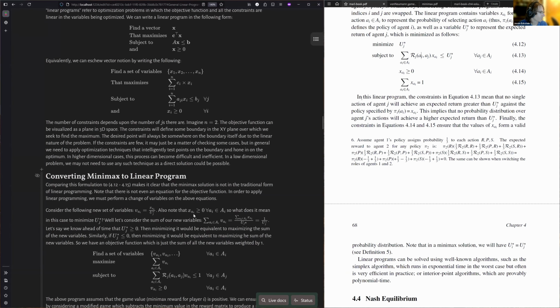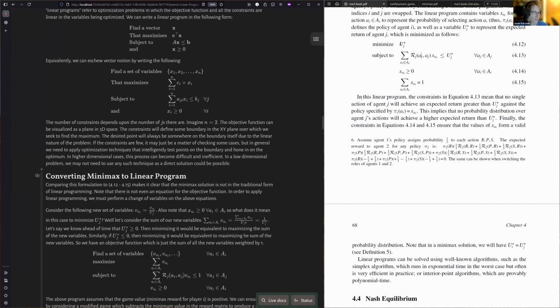And then we know that all the x's are positive. Now, what if we take the sum of these v's? They all have the same denominator, right? And the numerator is just a sum over x. So very trivially, this sum is just the inverse of the actual value that we would like to optimize, the inverse of this.